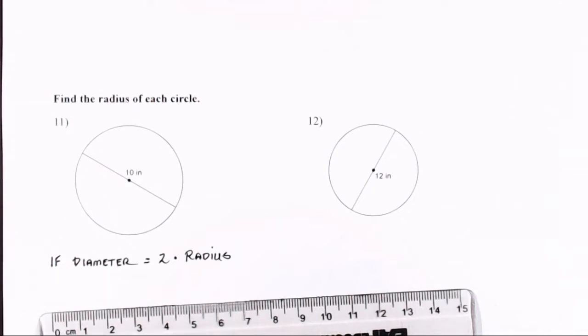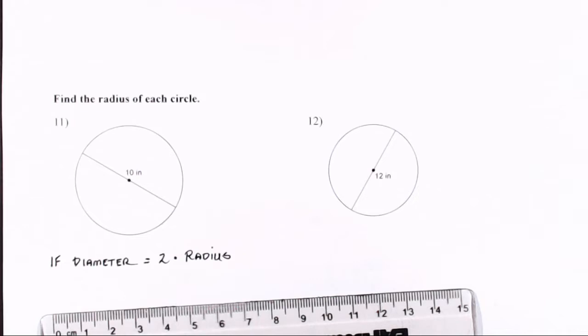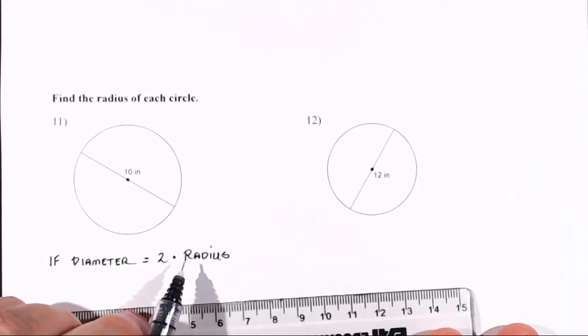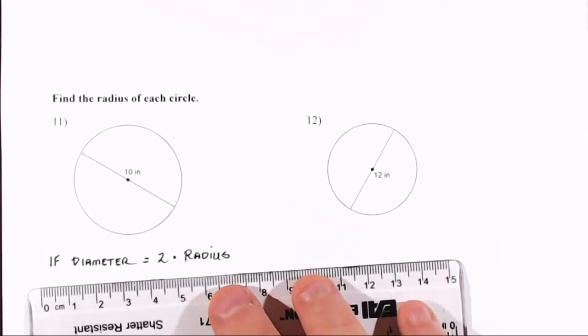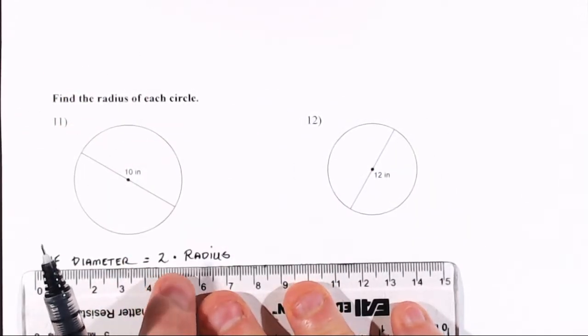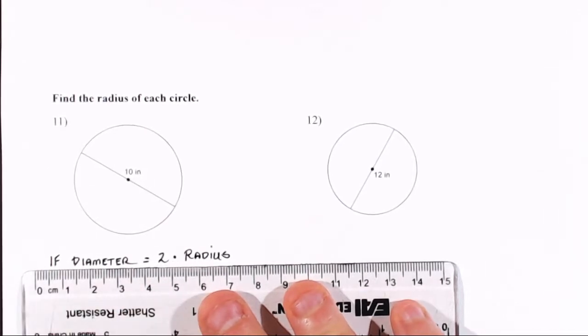Now, this is getting into a little bit of math here, but right now I've got radius almost by itself, but if I want it to be totally alone, I have to get rid of this 2 that's currently being multiplied by the radius. So I would look and see what is currently happening. 2 is currently being multiplied by the radius.